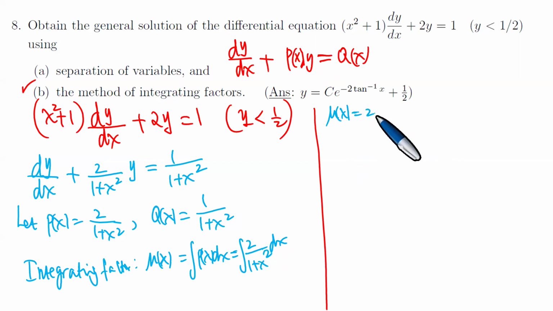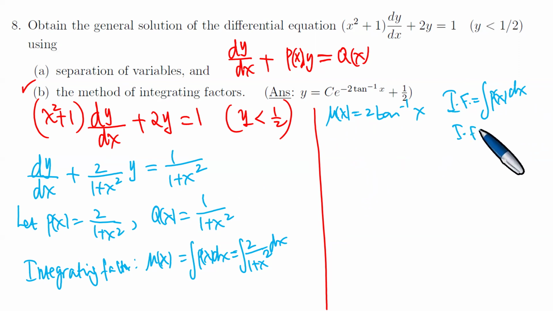So now the integral of 1 over 1 plus x squared is arctan x. It might be called the same thing in your class, the integrating factor, but some lecturers can call it just integrating factor. Then you integrate the p of x, and if you call it I.F. for integrating factor, then it's going to be 2 arctan x. When you get the integrating factor, you multiply both left and right by the integrating factor. In this case, it is 2 arctan x, so you multiply both sides by it.